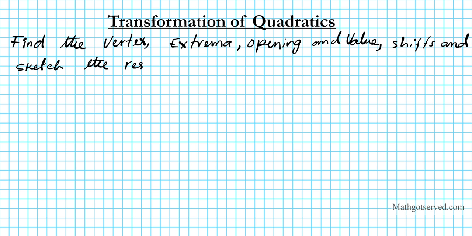Okay, sketch the resultant graph. All right. The first question we're going to look at is y equals (x plus 1) squared minus 2.